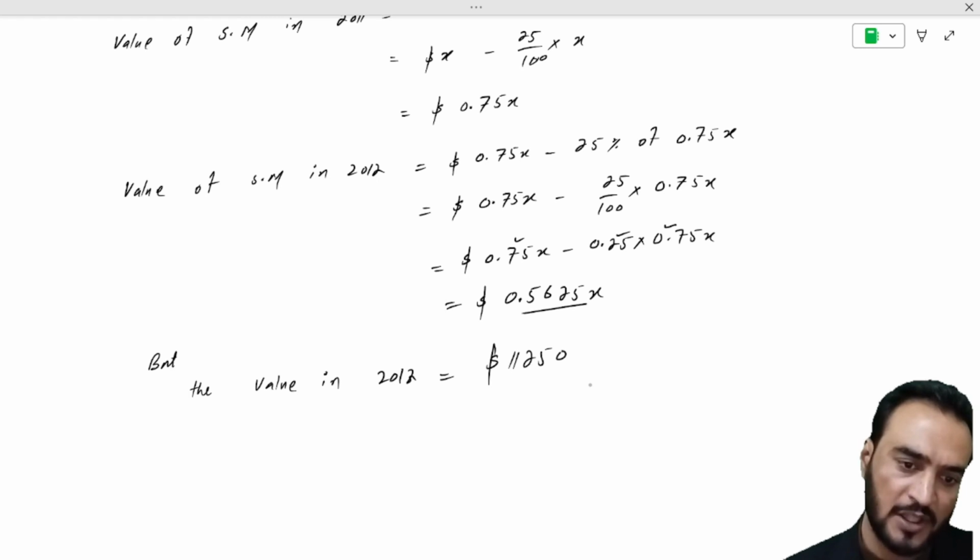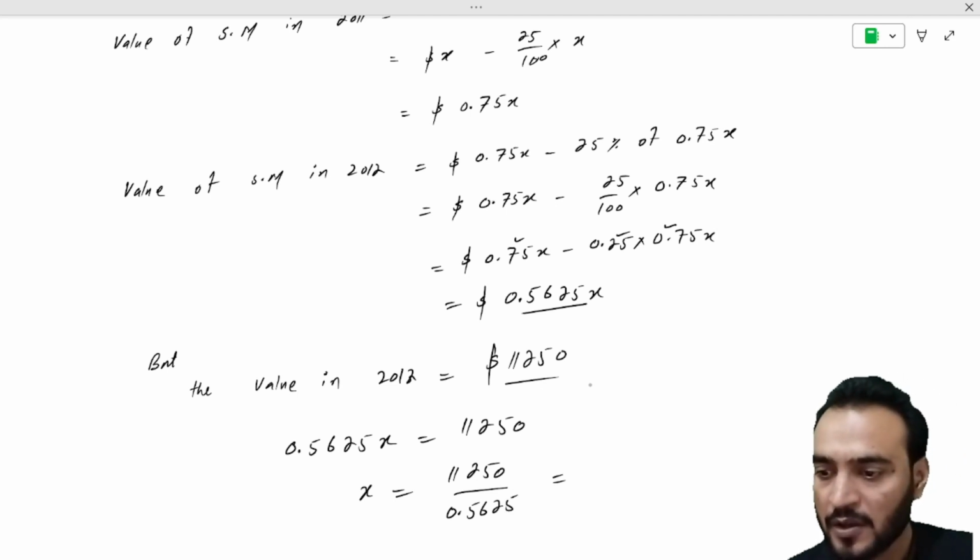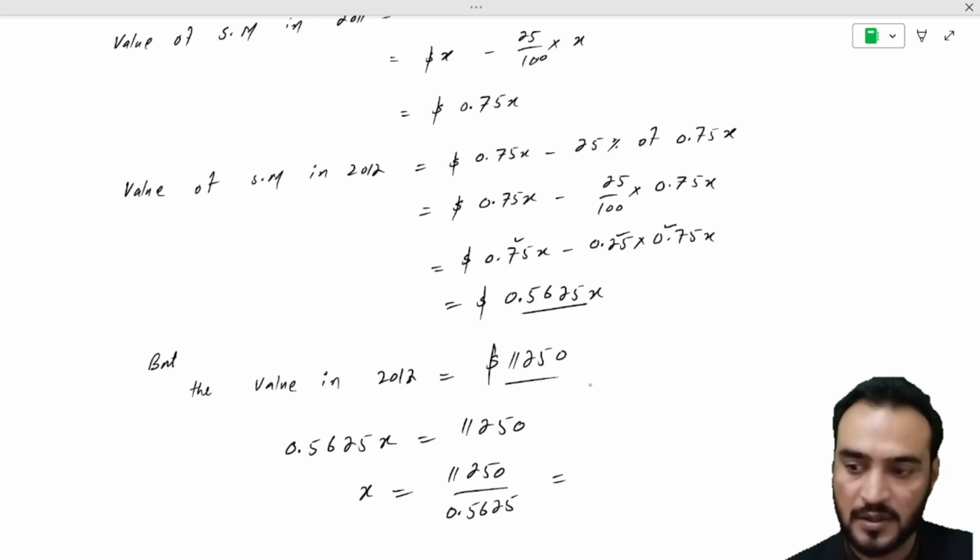So we will put this calculated value in 2012 and this given value in 2012 equal. So 0.5625X equals 11,250. So the value of X now is 11,250 divided by 0.5625, and simplifying we get $20,000.